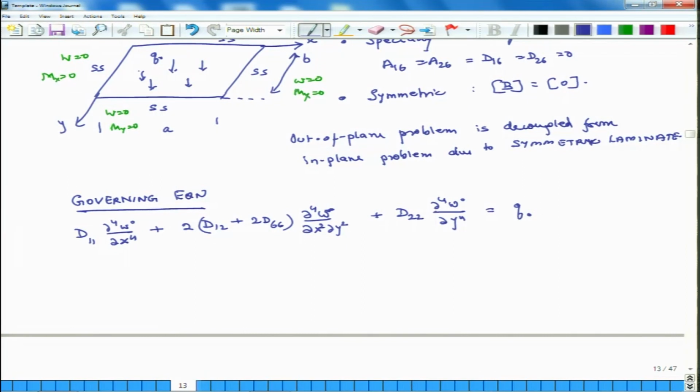Now, earlier we had solved this problem in an exact way by doing the following. First, we had decomposed Q naught in terms of its Fourier series component. So, we had decomposed Q naught into Qmn sin m pi x over a sin n pi y over b, and summation of this using Fourier series expansion.